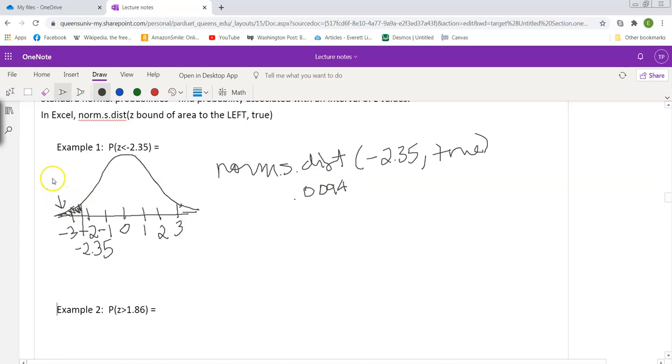So this is 0.0094. This means that if for some reason we had a set of values that followed this distribution and we picked one of them at random, the probability that it would be less than negative 2.35 would be 0.0094, so a little less than 1%.